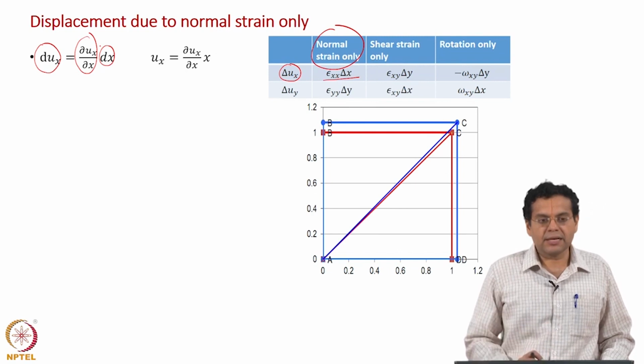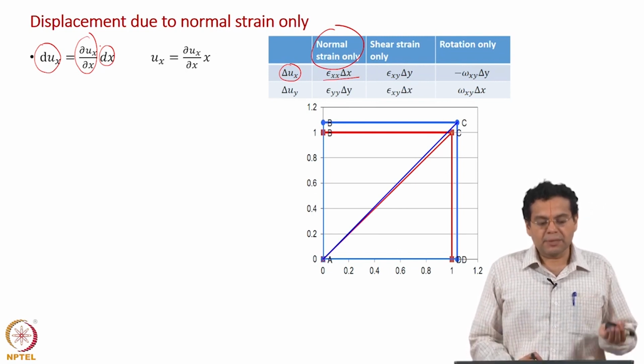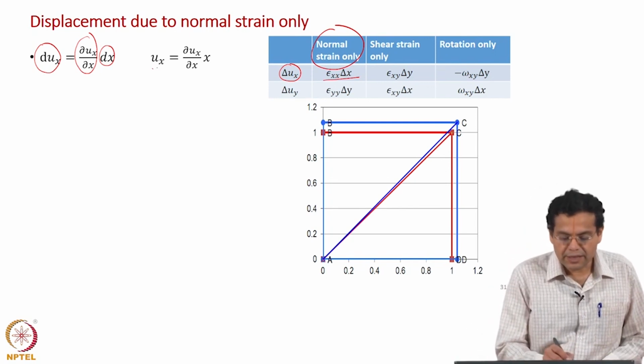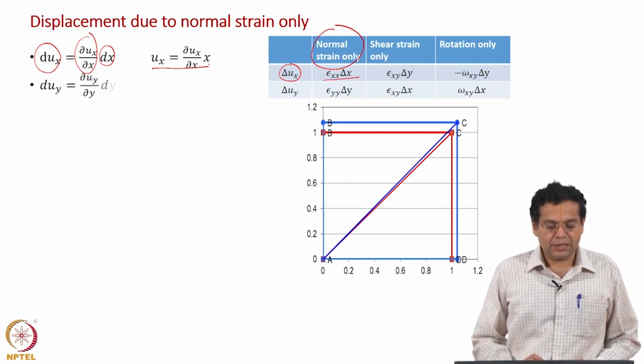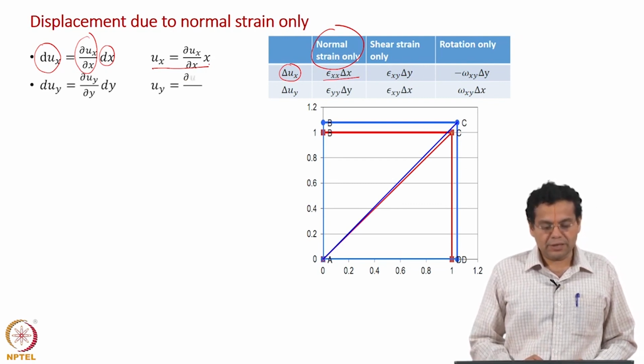As we have discussed earlier, the difference in displacement becomes displacement and Δx becomes x, and so we get this simple expression. Similarly, in the y direction we write du_y is equal to ∂u_y/∂y times dy.